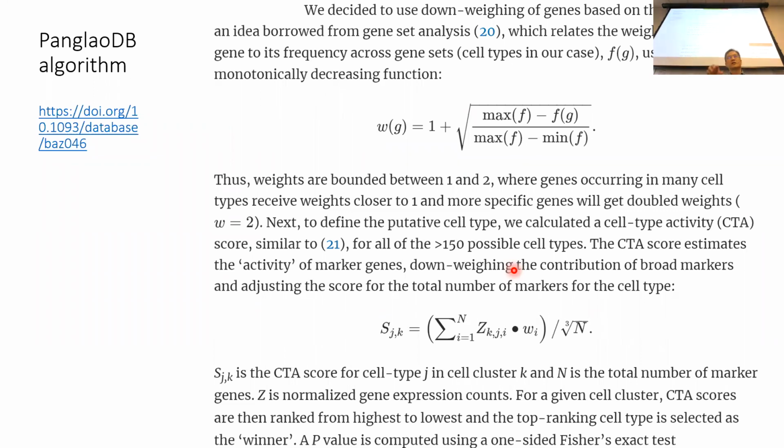It searches a database, looks at a dictionary, some kind of, then uses some score to give values for each cluster of cells, different cell type assignments.